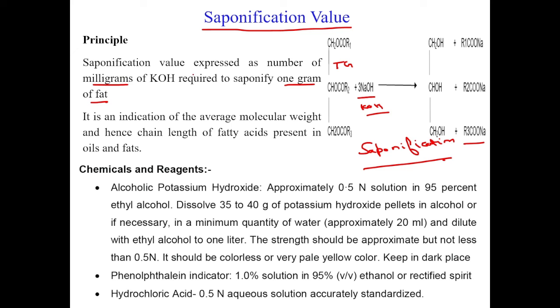So the saponification value is defined as the number of milligrams of KOH required to saponify 1 gram of fat, and it is an indication of the average molecular weight of the fatty acids, and hence the chain length of the fatty acids present in the source fat.